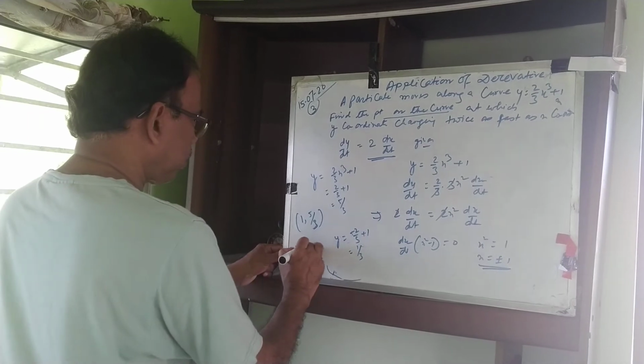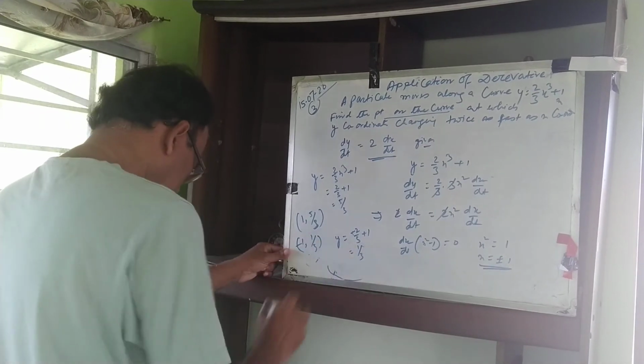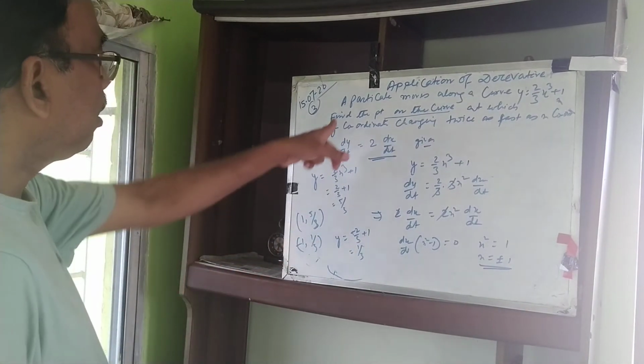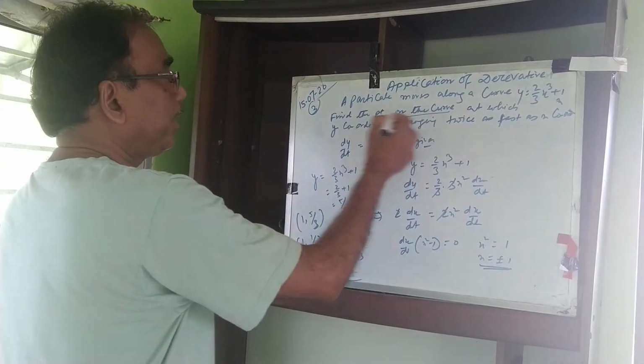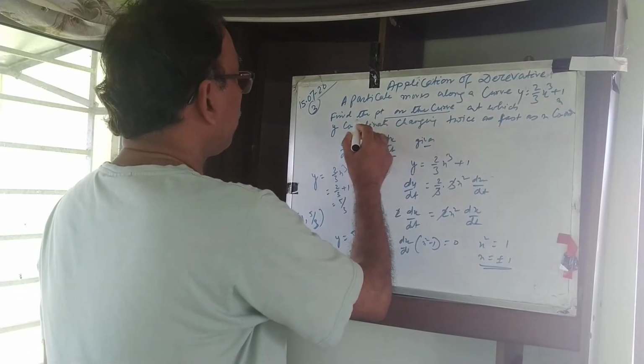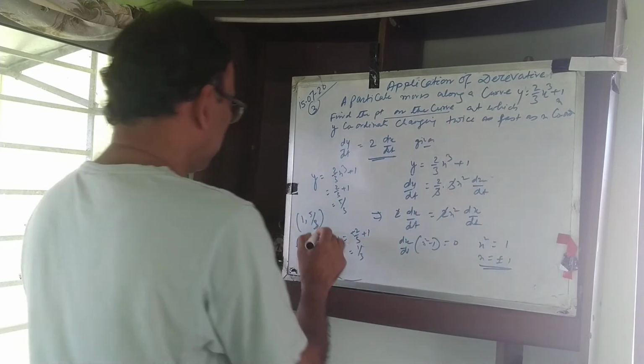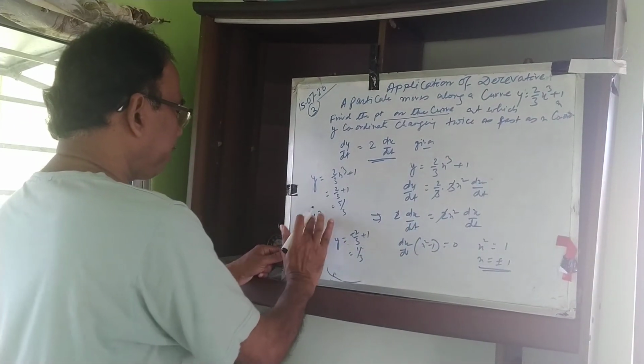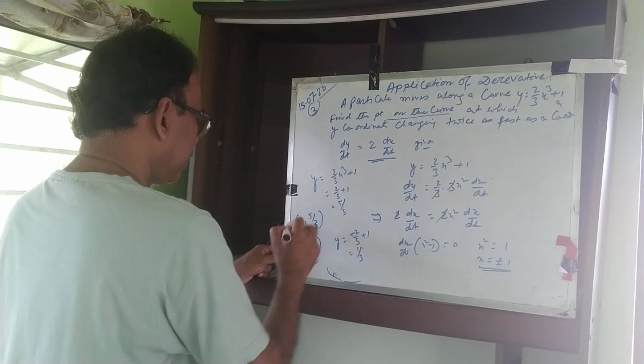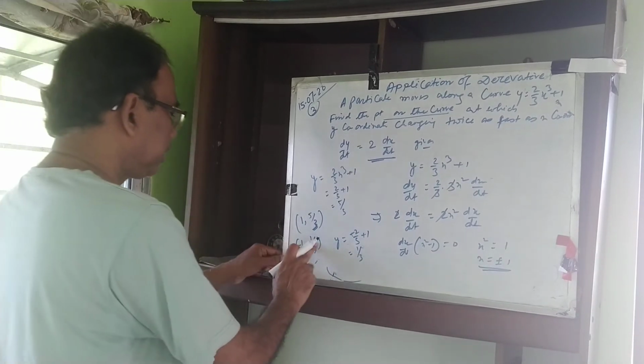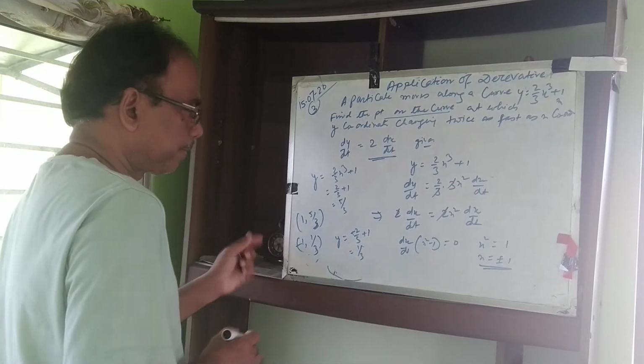So the points on the curve are (1, 5/3) and (minus 1, 1/3). That is the coordinate of the point.